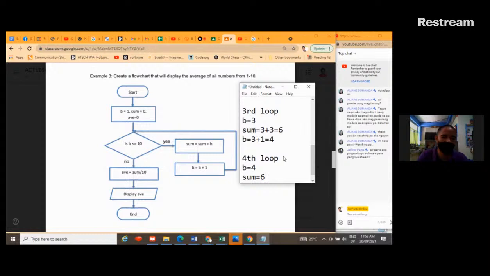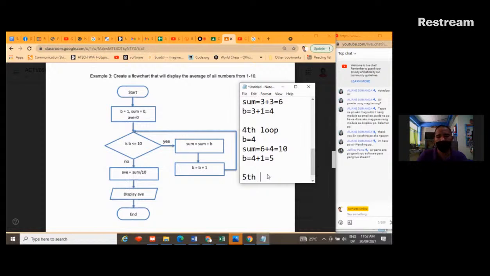This is the accumulation from the numbers 1, 2, and 3. 6 plus, what's the value of B, which is 4. That is 10. And then B equals 4 plus 1, which equals 5.